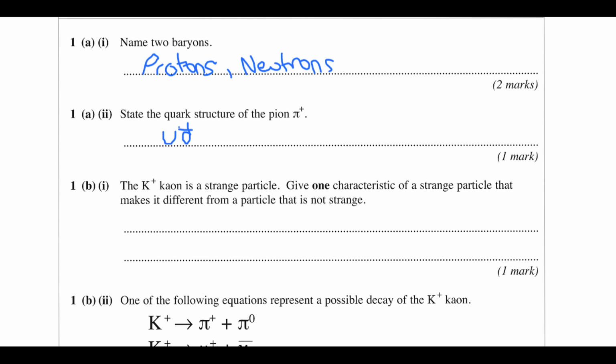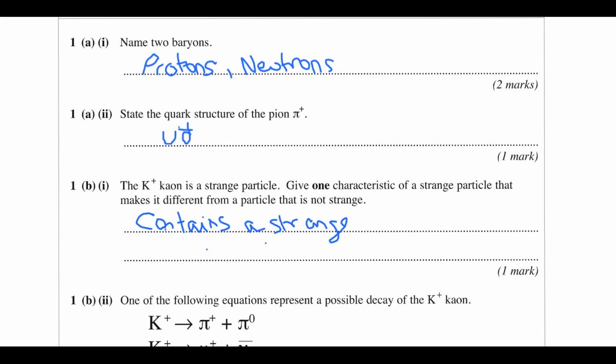Give one characteristic of a strange particle that makes it different from a particle that is not strange. This seems very obvious, but it is that it contains a strange quark. You don't need to have anything more complicated than that.